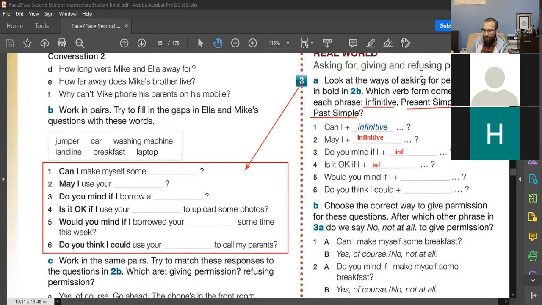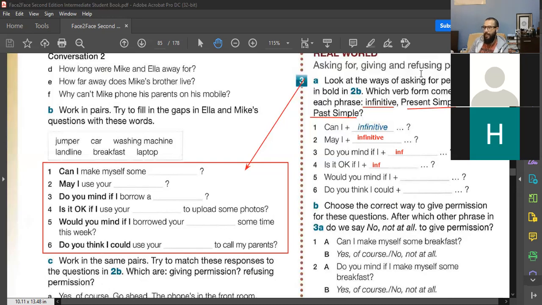This means you have to try to put he or she, and then test it and see, is it the same or not, right? So number 1, if we change I to he, for example, does the verb change?